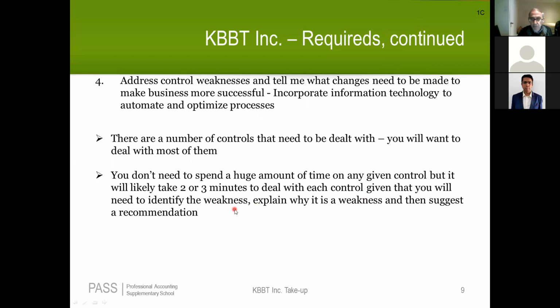So you've got to explain the weakness. You've got to say what the weakness is. That's what I mean by identifying it. And you've got to explain the implication. Why is it a weakness? And only then make a recommendation. So you've got to cover all 3 bases: identification of weakness, implication, i.e. why it's a weakness, and recommendation to rectify the weakness. You need about 10 minutes for this.